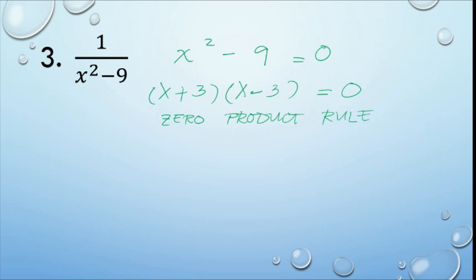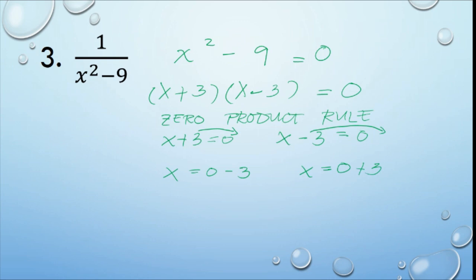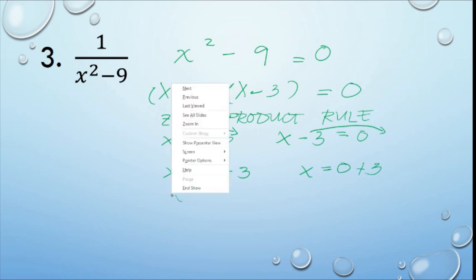Okay? So, we're going to equate each factor to 0. So, pag-iwalayin po natin, magiging x plus 3 equals 0, x minus 3 equals 0. Then, simplify. So, transpose, write the additive inverse. So, magiging 0 minus 3. Dito naman, ganun din. Pero, magiging x equals 0 plus 3. Okay? Now, simplify natin.